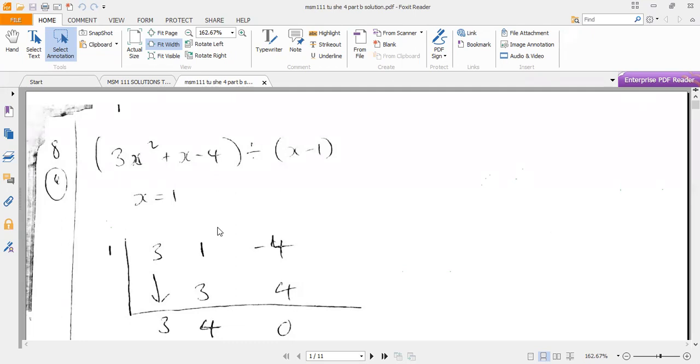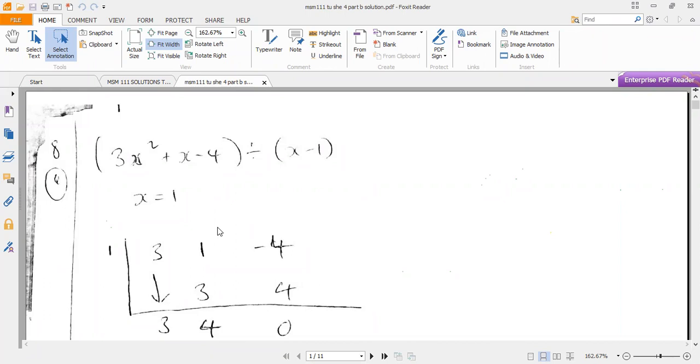So now for question 8, they have specified to use synthetic division to determine the quotient and the remainder for each of the following. If you have noticed in question 8, the coefficient of x in the polynomial is 1.